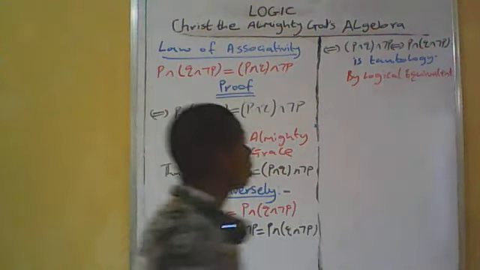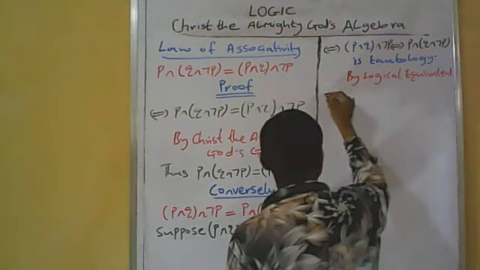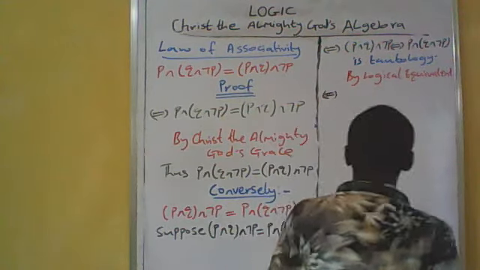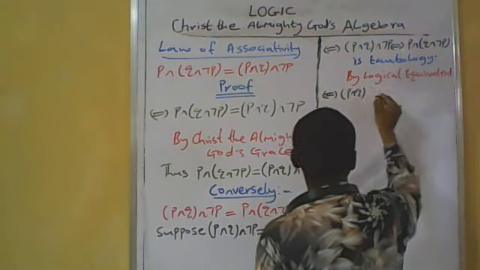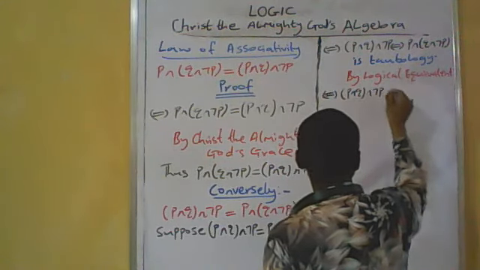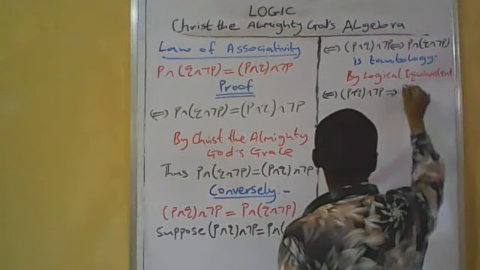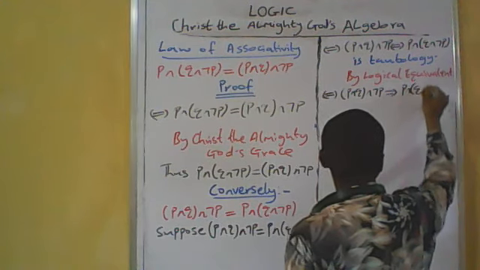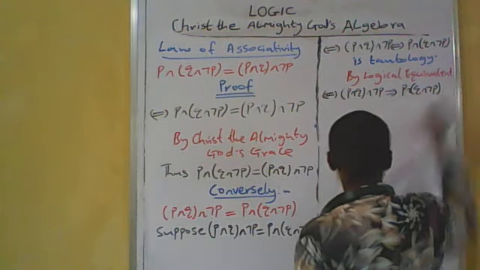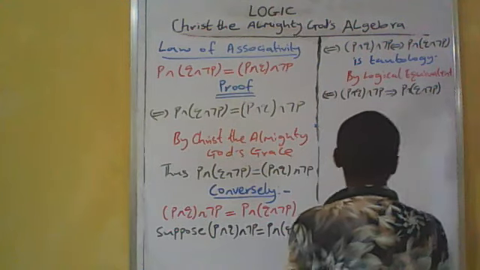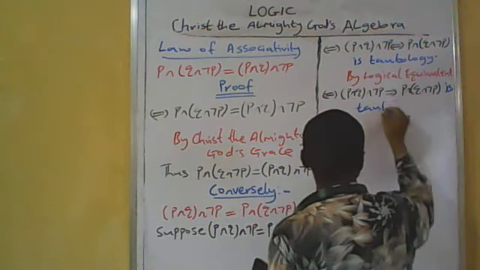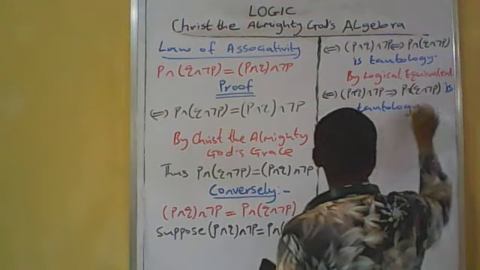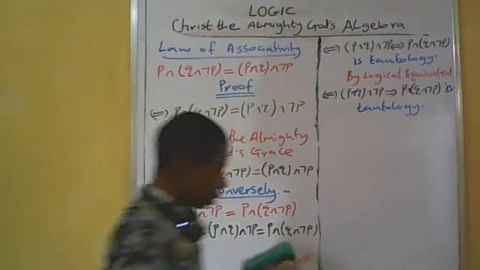So if and only if P and Q and not P implies P and bracket Q and not P is tautology.